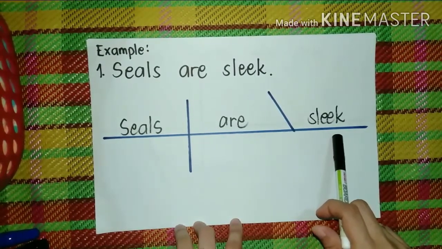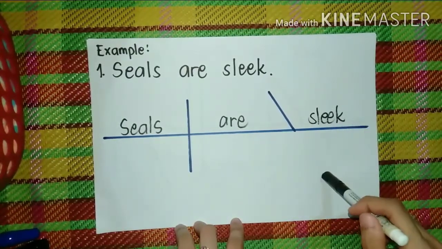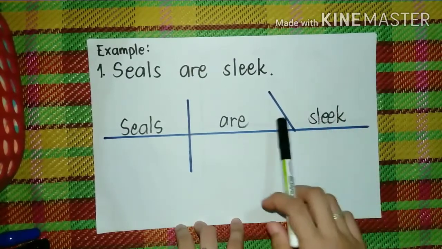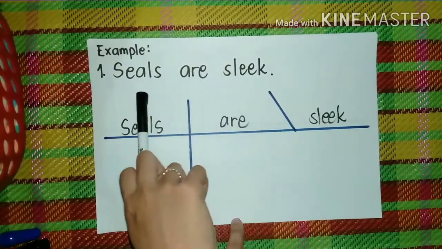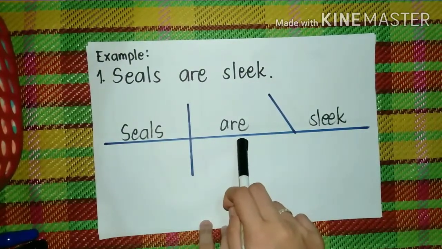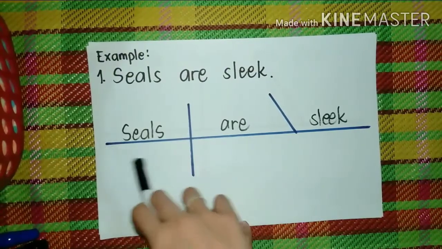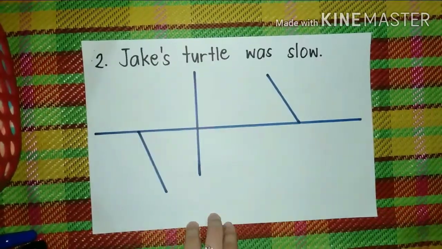Since this topic is about adjectives as subject complement, I wrote sleek here since it describes the seals. Are is in this part because this is the being verb, and seals since this is the subject of the sentence.